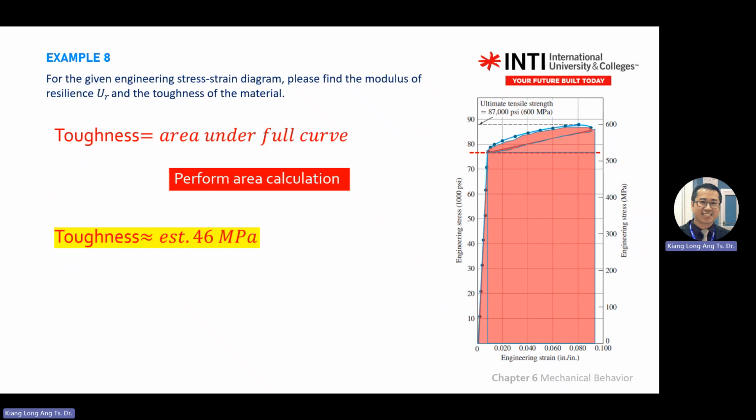You can compare titanium and normal aluminum steel for the propeller under maybe 1,000 meters below sea level, to see whether it can maintain its shape under that pressure. This one you can use the trapezium method or any method. It's the area under the graph, which would be around 46 megapascal.